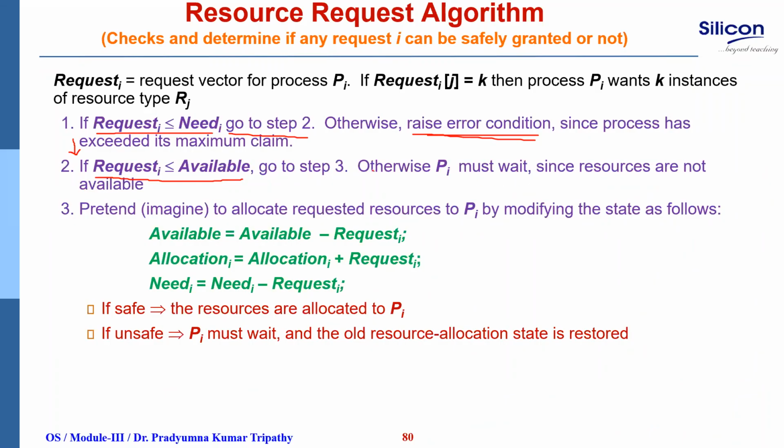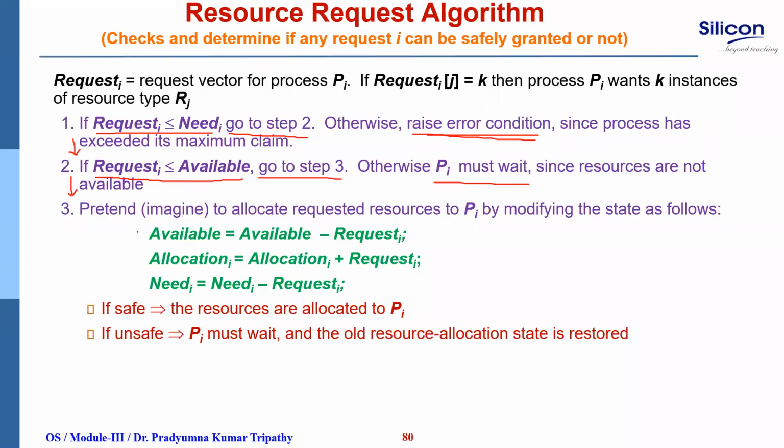Since resources are not available, its turn will come. But in the previous case, if request is greater than need, then it is an error. If request is greater than available, then it has to wait.